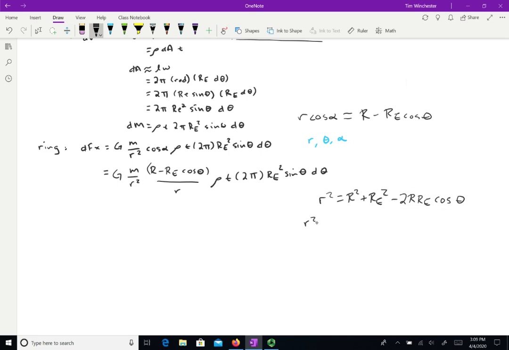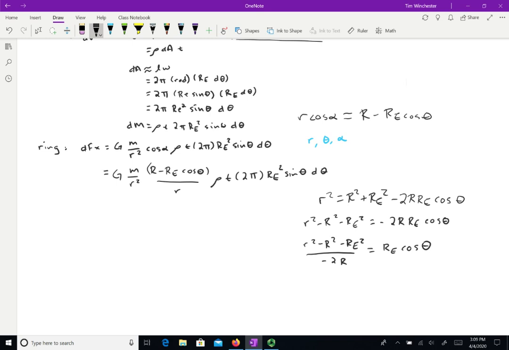So r squared minus big R squared minus r_e squared equals minus 2 big R r_e cosine theta. Okay, and in fact I have r_e cosine theta, so I'll just leave that there, and I'll divide both sides by negative 2 big R. So I get r squared minus big R squared minus r_e squared over negative 2 big R equals r_e cosine theta.